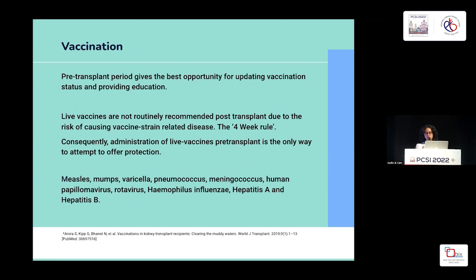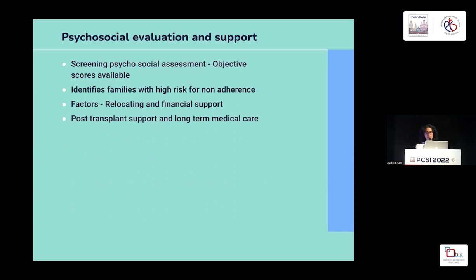The 4-week rule for vaccination is still followed, wherein you do not want to give live vaccines post-transplant, because you are on immunosuppressants. Once a live vaccine is given, you do want a hiatus of 4 weeks before you go ahead with the transplant. This is the list of vaccinations which should be included within the protocol, especially for capsulated organisms and measles, which would be a live vaccine, and thus you would have to keep a 4-week gap before doing the transplant.